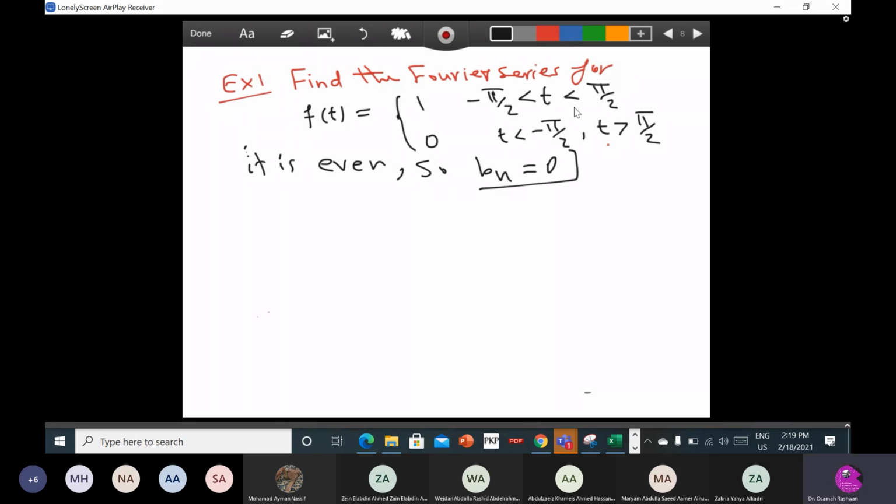Equal to 0. Now I have to find A naught. What is A naught? 1 over T, integrating from minus T over 2 to T over 2 for my function. Is it correct?